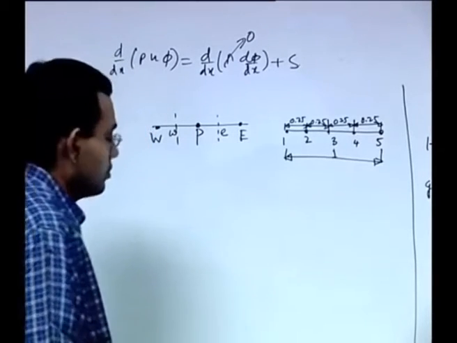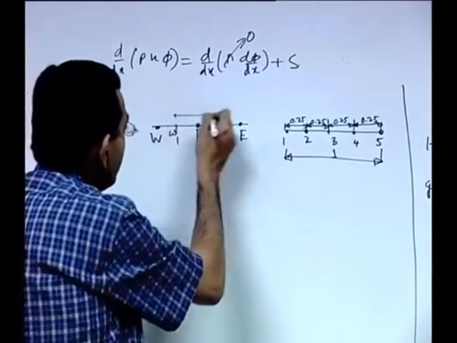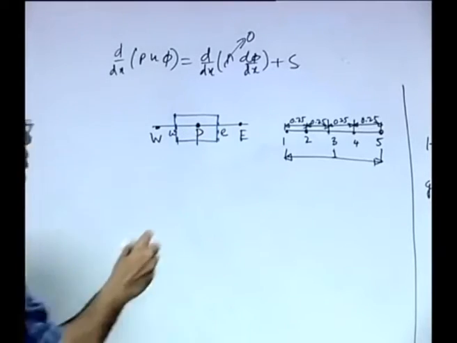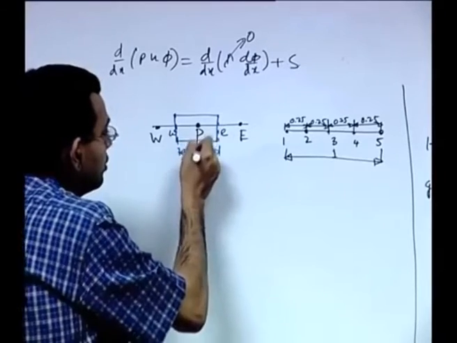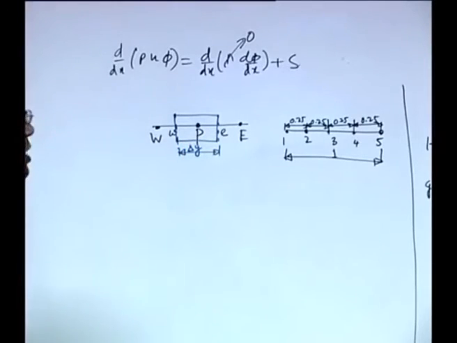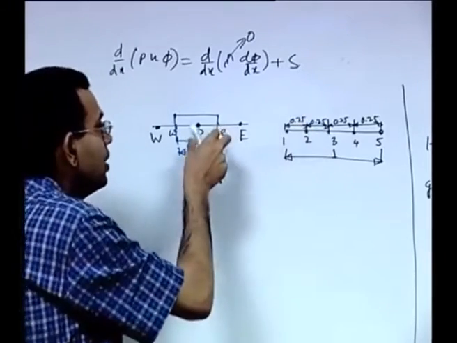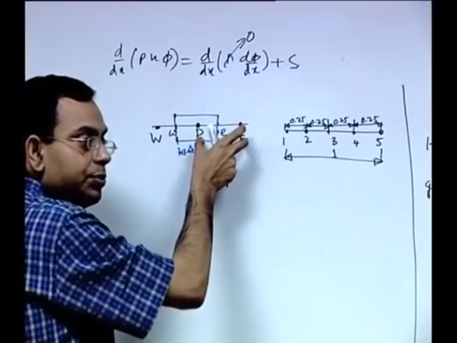Now what will be the first step in the finite volume method? We will integrate the governing differential equation over this control volume. The dimension of this is delta y. If it is uniformly spaced, then this delta y is same as this 0.25 if the control volume faces are located at the midway between the grid points.